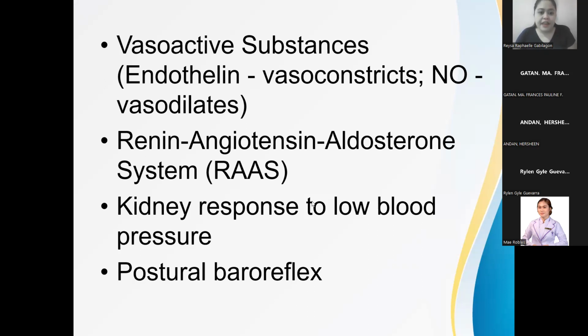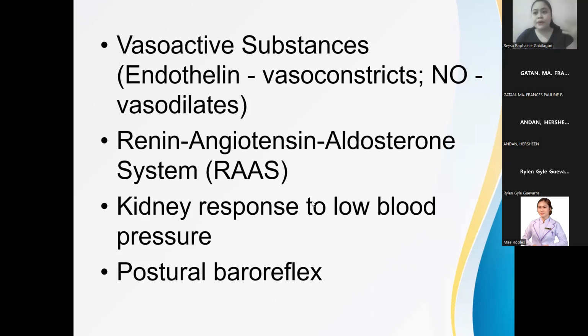Okay? And then, kidney response to low blood pressure also regulates our blood pressure. Yung kidneys natin mismo. So, dugtong yan sila. Kidneys and the blood pressure work together. Therefore, if we have problem with our blood pressure, kidneys will be affected. And vice versa.